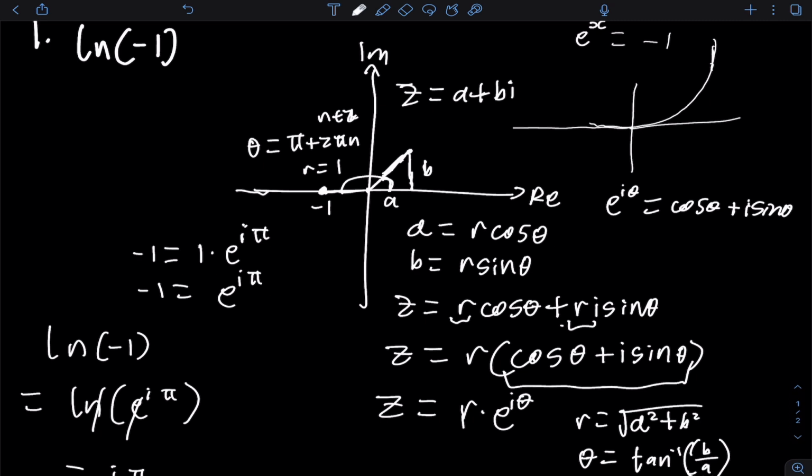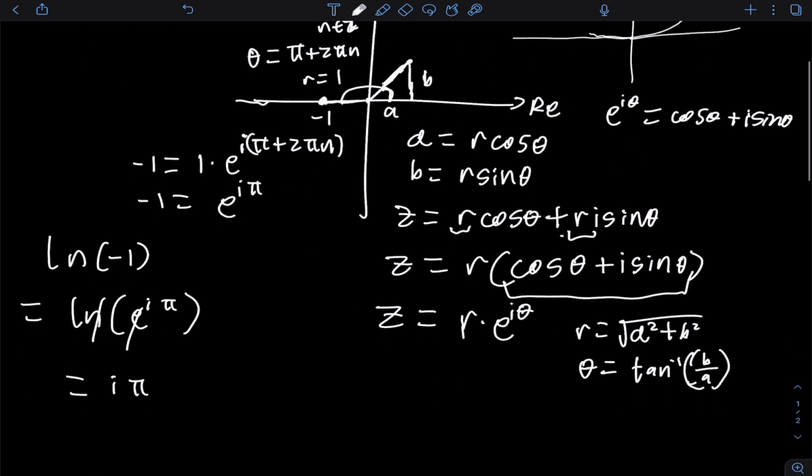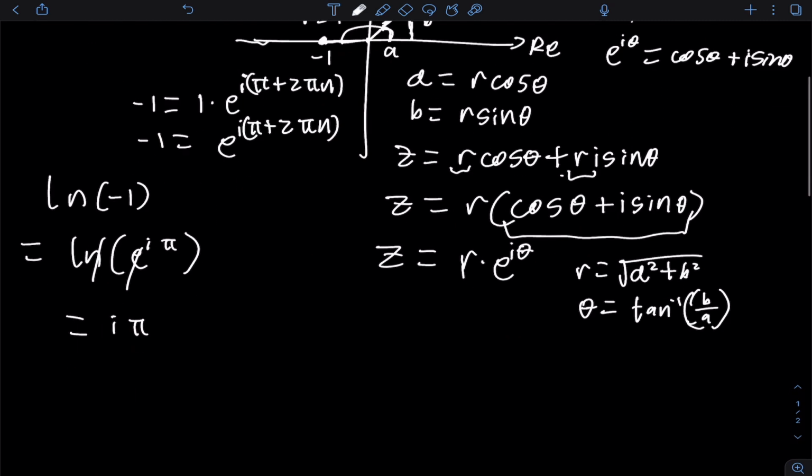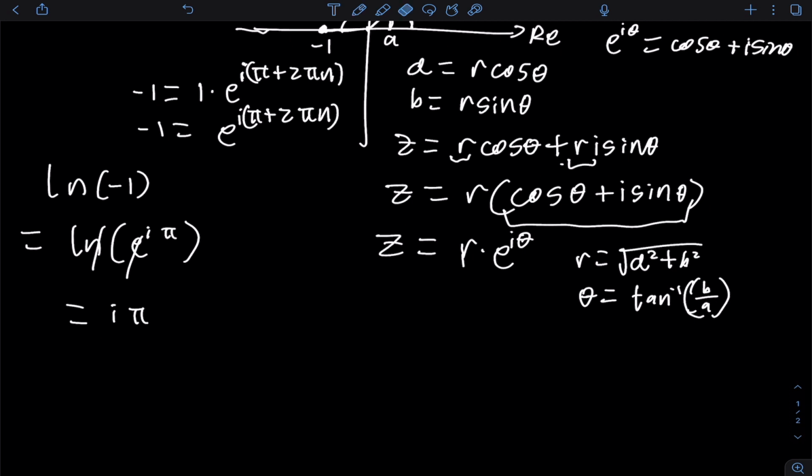So in reality, negative 1 is actually just e to the i, and then pi plus 2 pi n. Therefore we can see that negative 1 is e to the i times pi plus 2 pi n, like so. And therefore we need to change some things with the natural log, although not much needs to be changed.